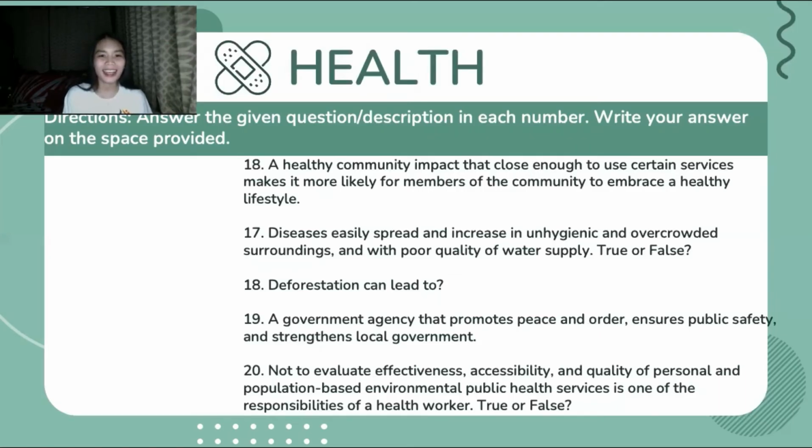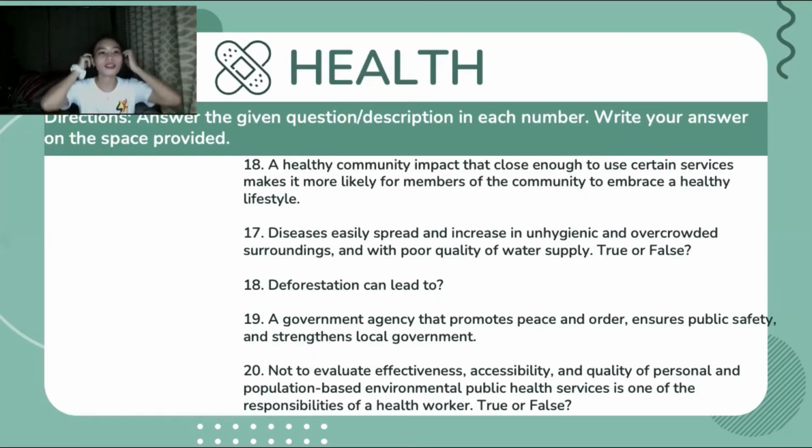Number 16, a healthy community is one that is close enough to use certain services, which makes it more likely for members of the community to embrace a healthy lifestyle. When we say certain services, the answer will be better access.